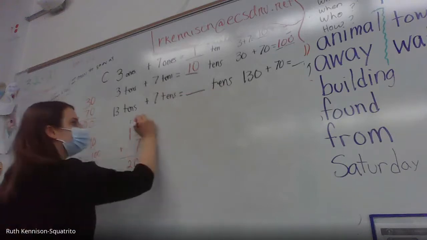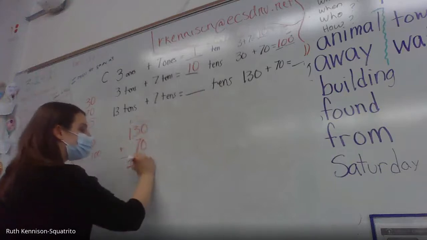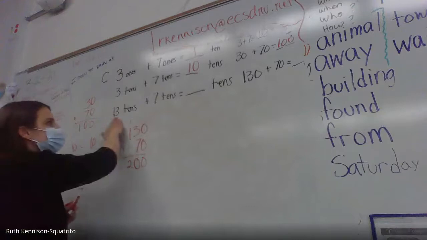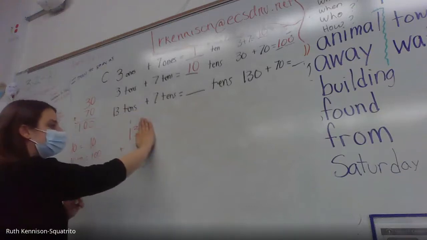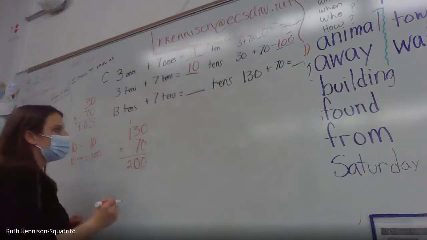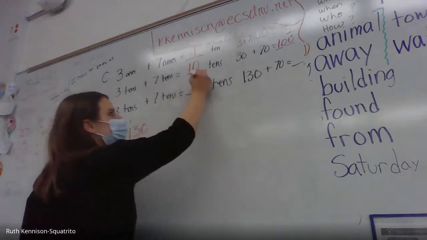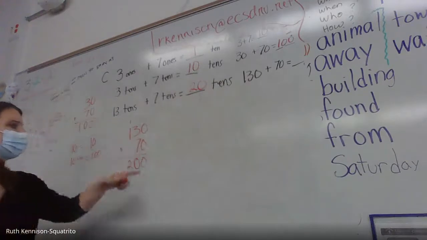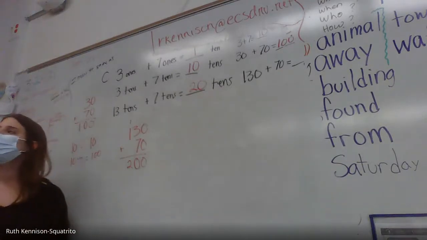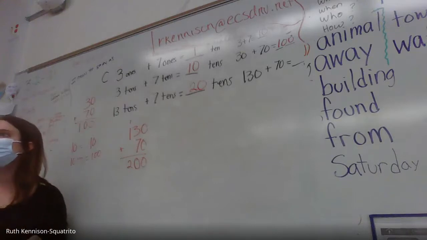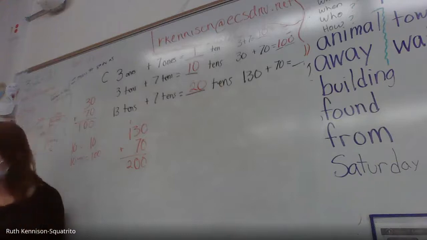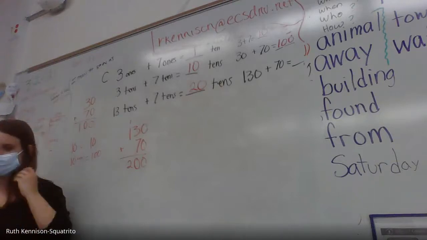So it equals 20 tens. When we add those zeros in, we get 200. Because if 10 groups of 10 make 100, then 20 groups of 10 make 200. Okay?